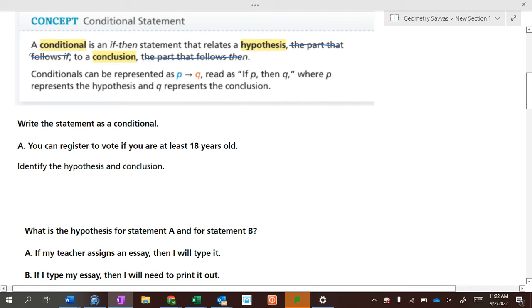Don't write that other stuff, but when we do the hypothesis and the conclusion, then we'll write it. But right now, for conditional, write that it's an if-then statement that relates a hypothesis to a conclusion.